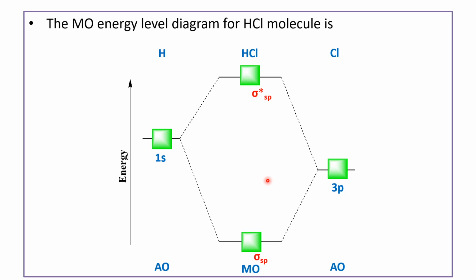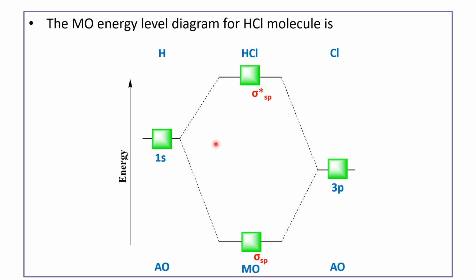Now here we can say that the bonding MO, the sigma sp, is closer to the 3px orbital of the chlorine atom. That means it has more character of the 3px orbital, whereas the anti-bonding MO, the sigma asterisk sp, is closer to the 1s orbital of the hydrogen atom, and hence it has more character of the 1s orbital.